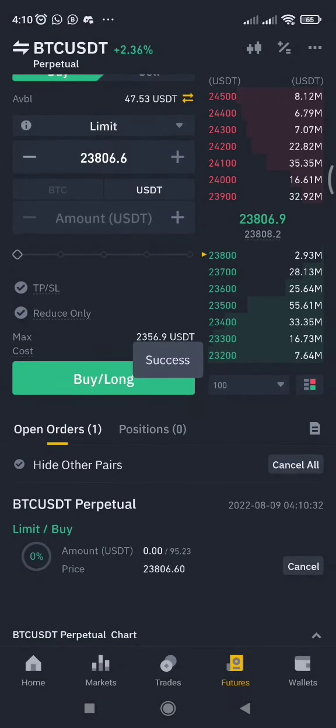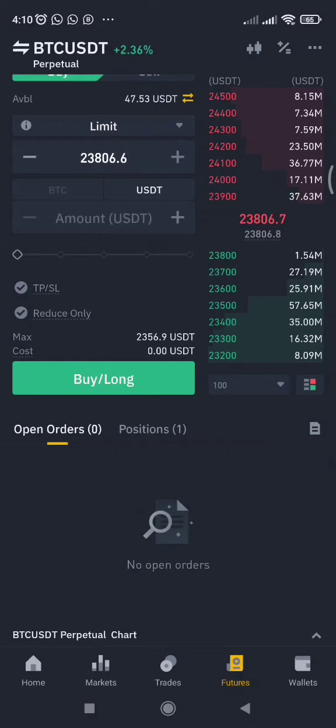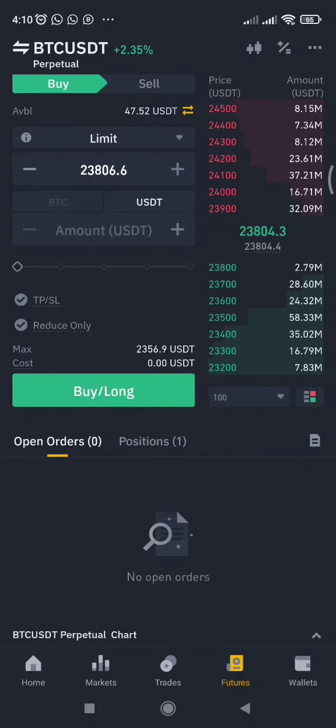Now buy long, just like in spot, is on the open orders because I didn't use the market order. It would have filled immediately. So I have an open position, and after that, it has picked up now.